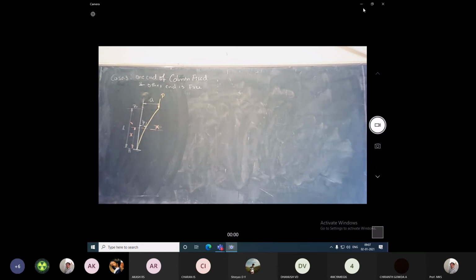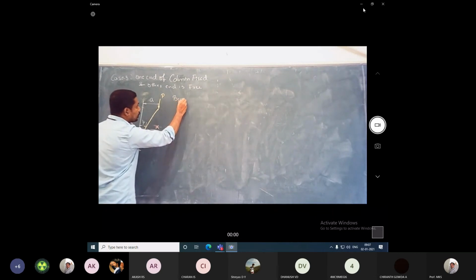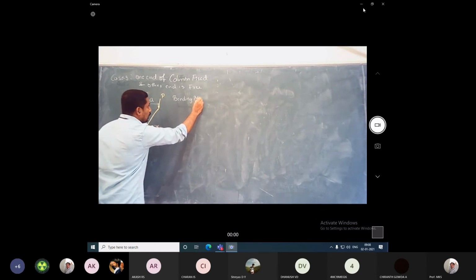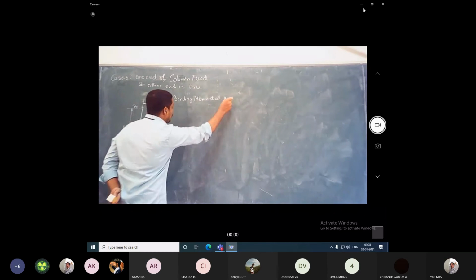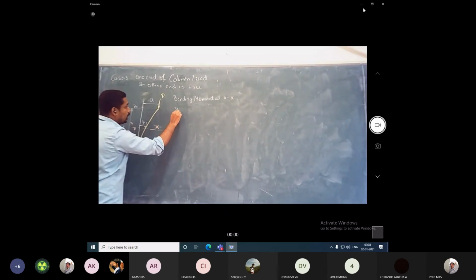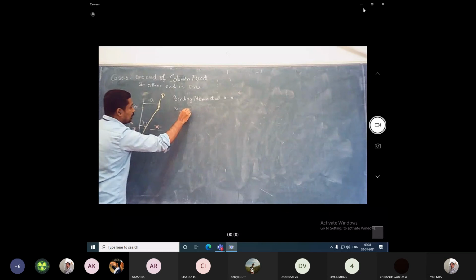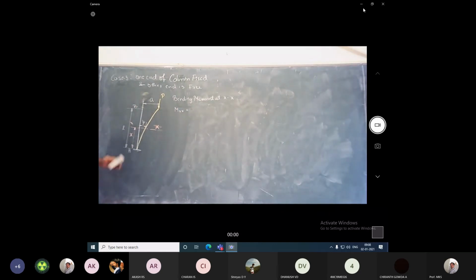Let us find the bending moment at section X. The moment is Mxx, which is the force into distance, with respect to this particular point.